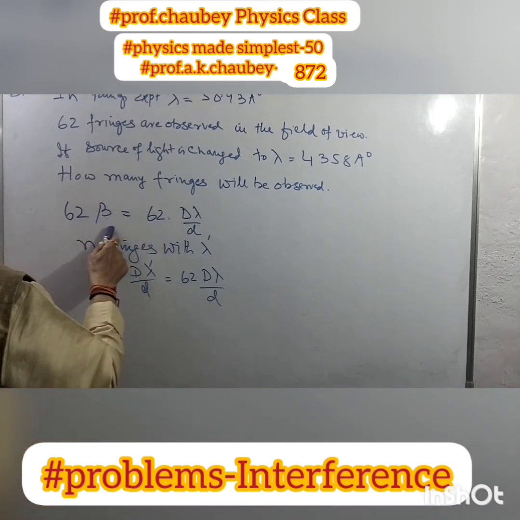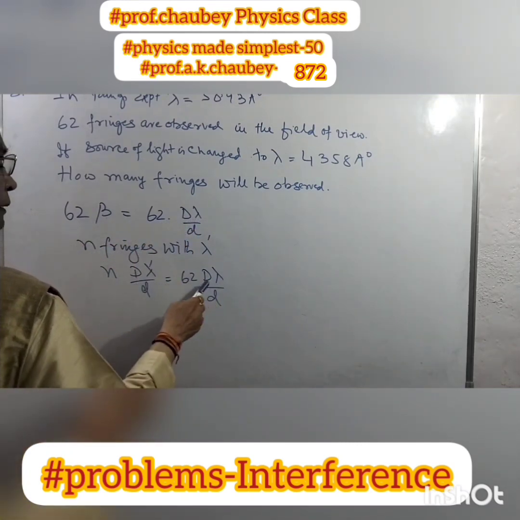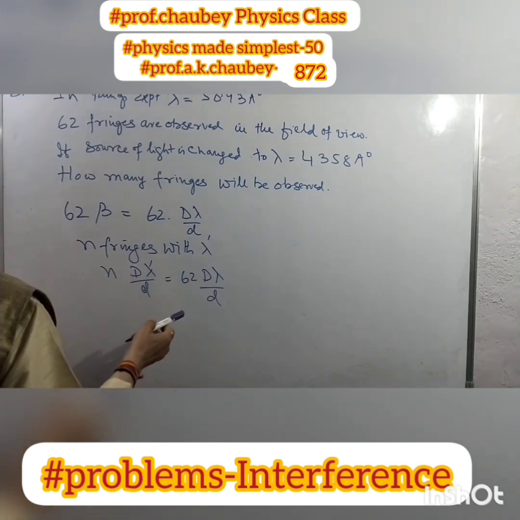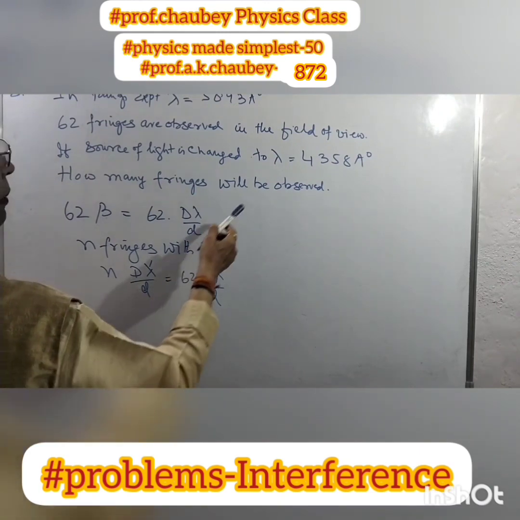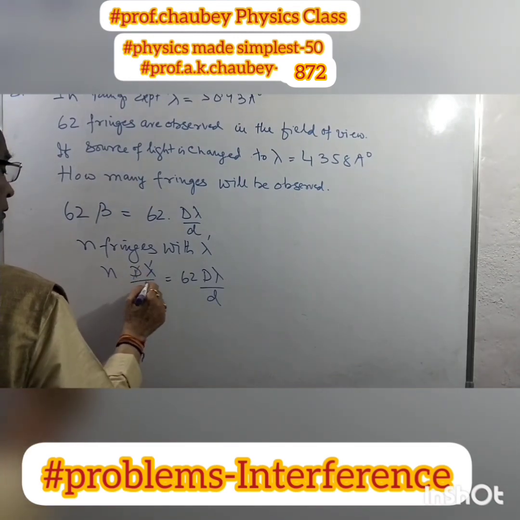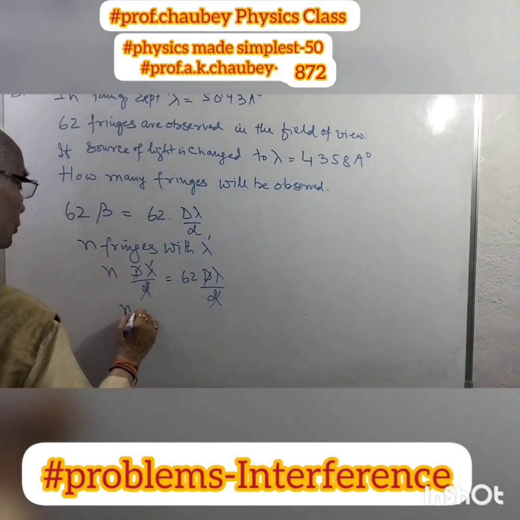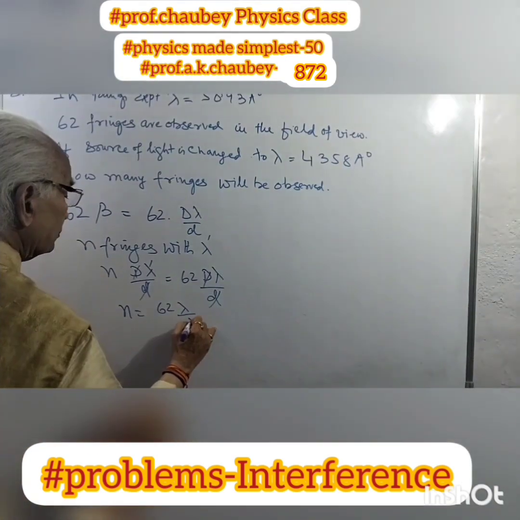Here it was 62, so 62 observed, and then this remains the same. This lambda prime is changed. Others can be cancelled. Lambda prime and lambda both are given. The D and d are cancelled here. Well, n is equal to 62 lambda over lambda prime.